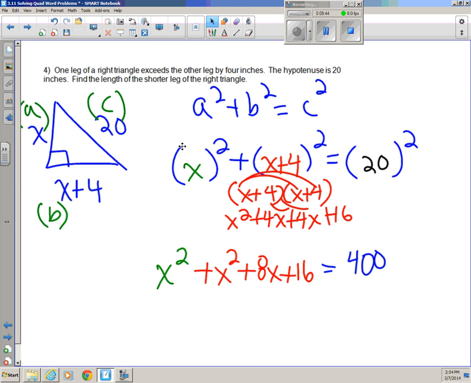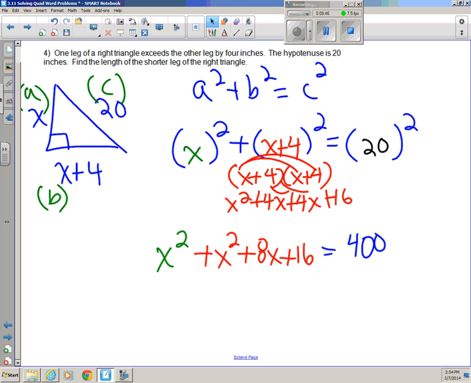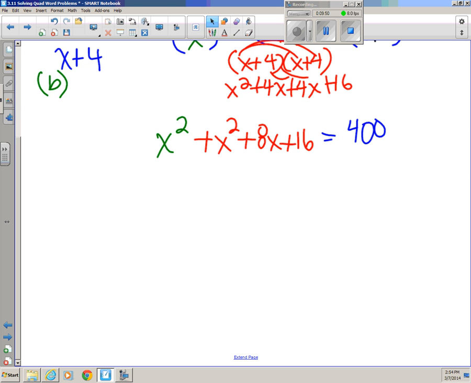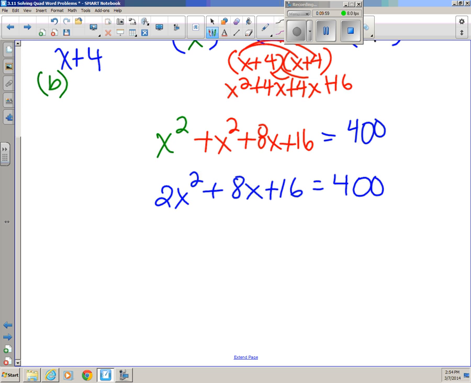Okay, so we now have this equation in which we've got some like terms that we can combine. I'm going to bring this up a little bit. So when we do that, we're going to get 2x squared plus 8x plus 16 equals 400. I need to bring the 400 to the left-hand side because I want my equation equal to 0, not equal to 400.